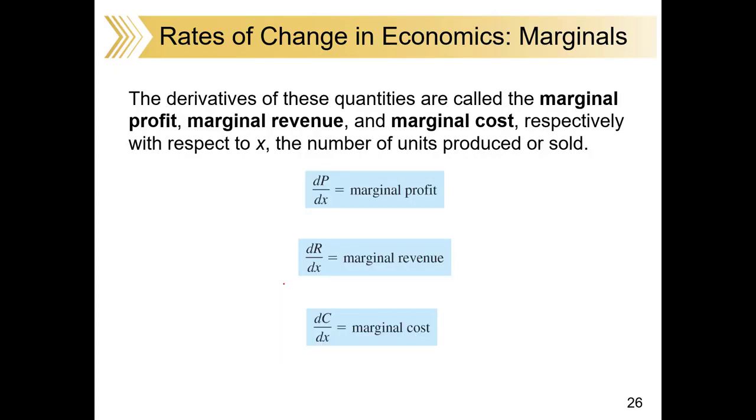Here's our marginal profit, and keep in mind that this has to do with calculus, of course. There's our dp dx for marginal profit, dr dx for marginal revenue, and dc dx for marginal cost.